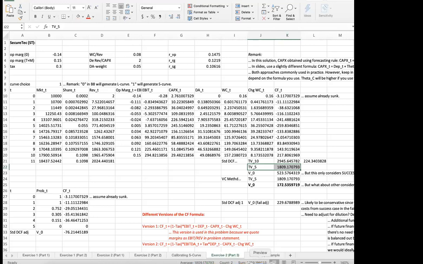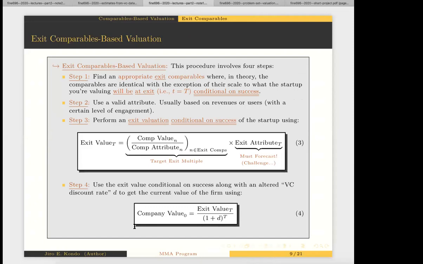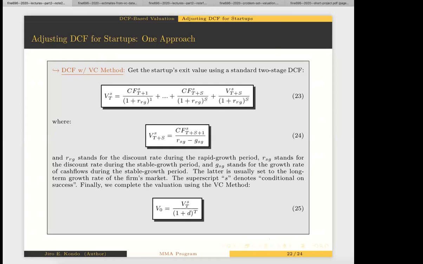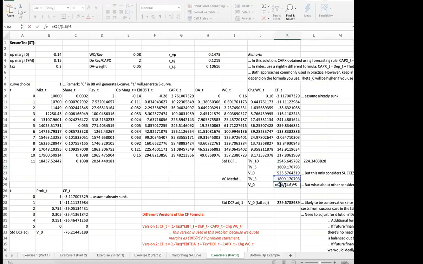Now, of course, this is not the value of the startup, but using the same approach that we used in our last step of exit comparables, we can take the exit value conditional on success and divide it by 1 plus d to the power of t, where we get our estimate of d using our VC data set, right? So for a typical Series A, the value of d is 0.6. So I can just use this last step to get the value of the startup right now.